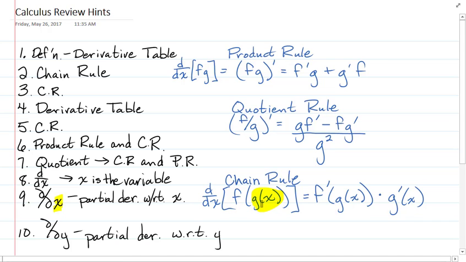So you've got an inside and an outside function, and the chain rule says, take the derivative of the outside function, leave the inside all by itself, and then finally take the derivative of the inside and multiply those. That's the chain rule, and we use that a lot.